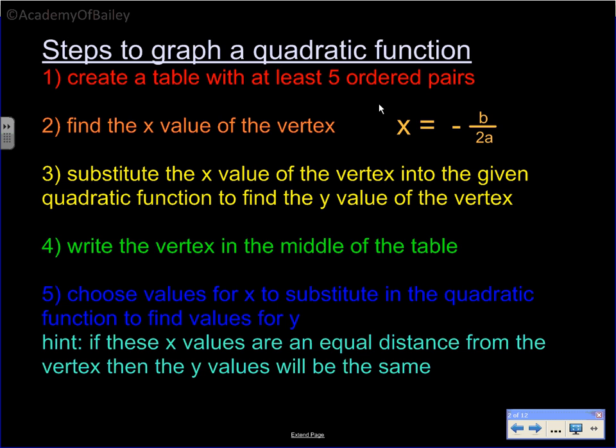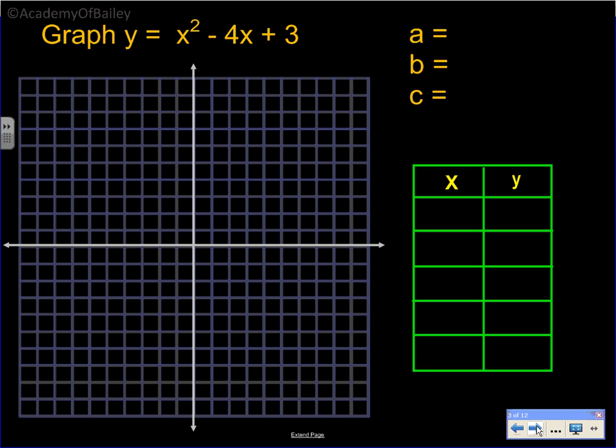Okay, so let's look here. It says graph the quadratic function y equals x squared minus 4x plus 3. And remember, you were supposed to have the standard form of a quadratic memorized: y equals ax squared plus bx plus c.